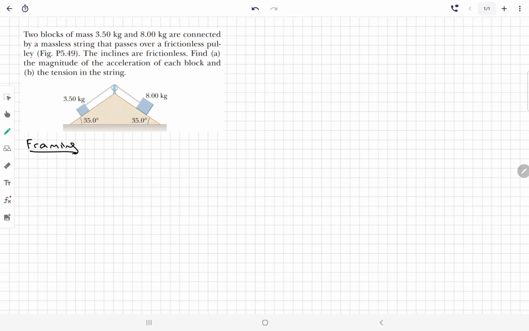Basically forces, all forces acting on each object. So each one has its weight, vertical downward, and the reaction force perpendicular to the surfaces, and the tension, T2 and the T1.